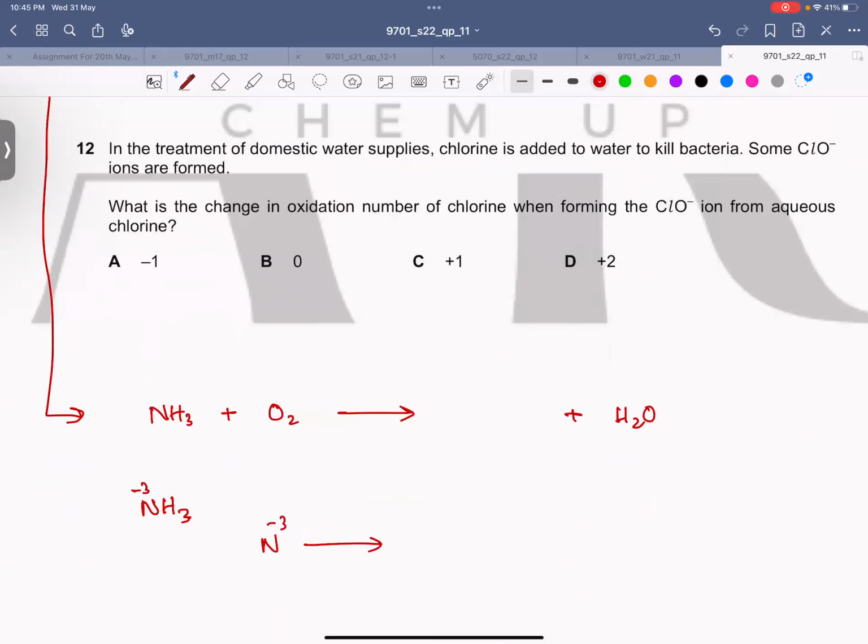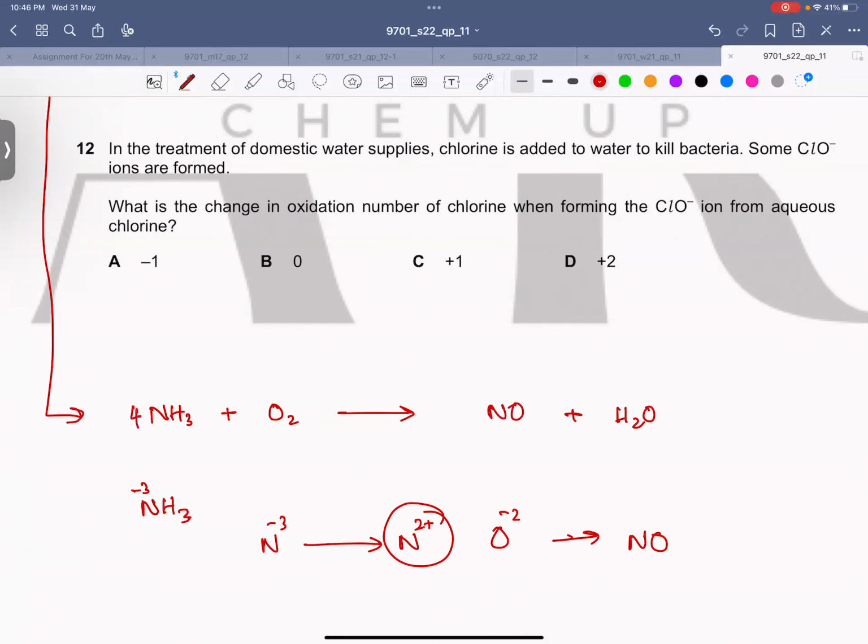If it loses 3 electrons, it becomes 0. And if it loses 2 more, it becomes +2. So it would turn into this one. And oxygen is -2. So it means that the compound being formed over here is NO.